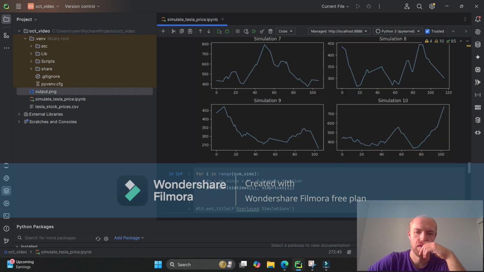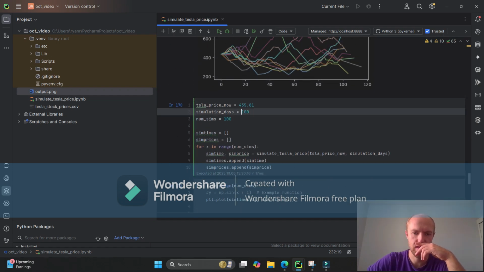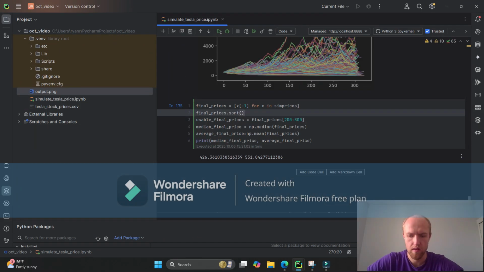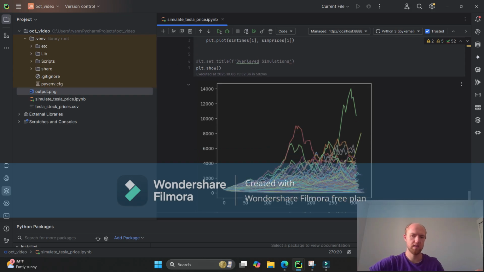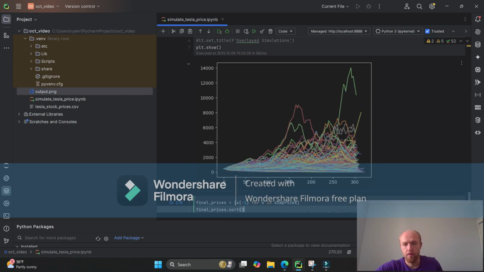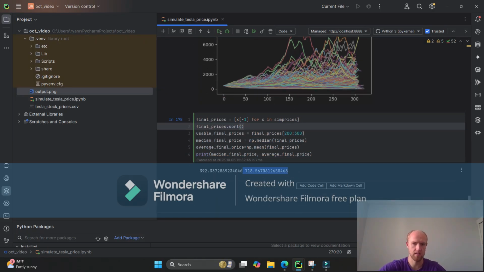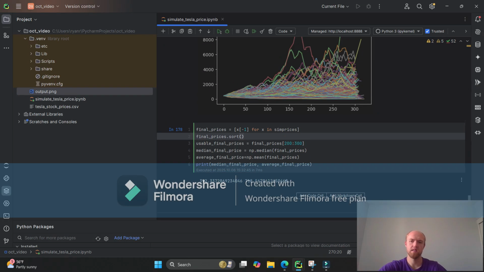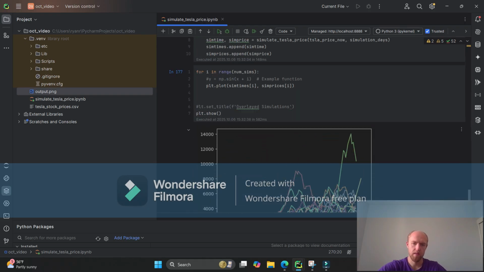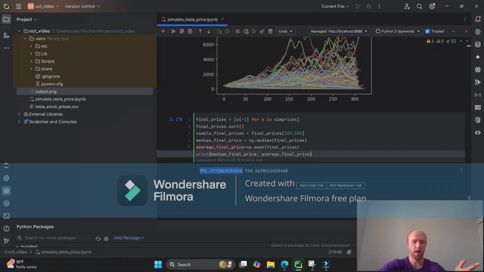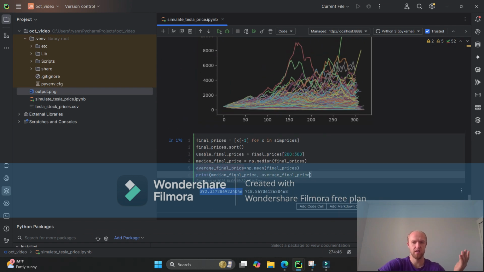And I guess we'll test one more time. I'm curious to see what happens if we up the number of simulation days to maybe 300. Let's plot. So according to this simulation, if you run it 500 times, then the average value of Tesla stock is 718, and the median value is 392, which is really interesting because it says that even though right now it's 435, maybe the bottom half, you have an over 50% chance of going down in price on Tesla.